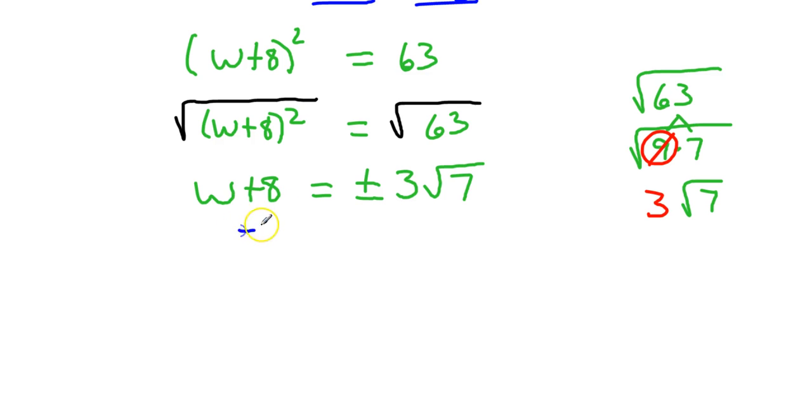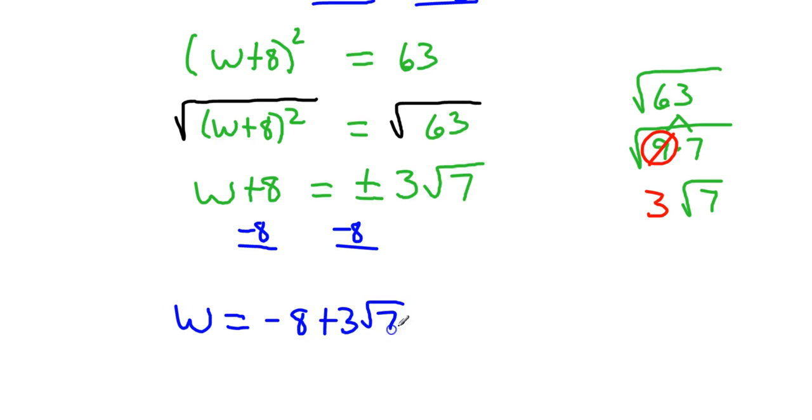And because you've got w + 8, you've got to subtract 8 on both sides. So for this one, your w would be, again, two answers: negative 8 plus 3 square root of 7, then negative 8 minus 3 square root of 7.